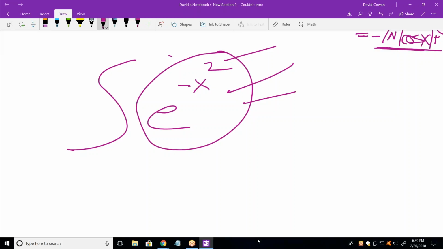Haven't you ever wondered how you come up with pi to 25,000 decimal places? Certainly you don't take a circle and divide it by its diameter. But they can do it, and the way they do it is with these infinite series.